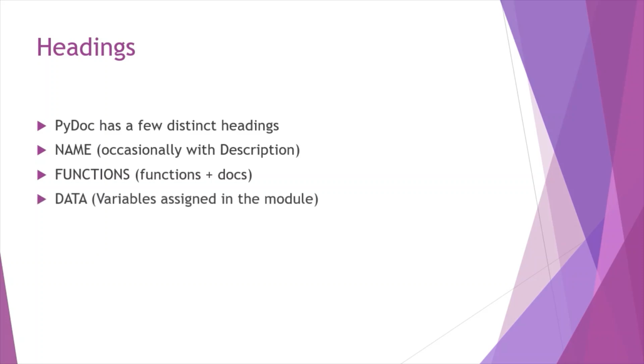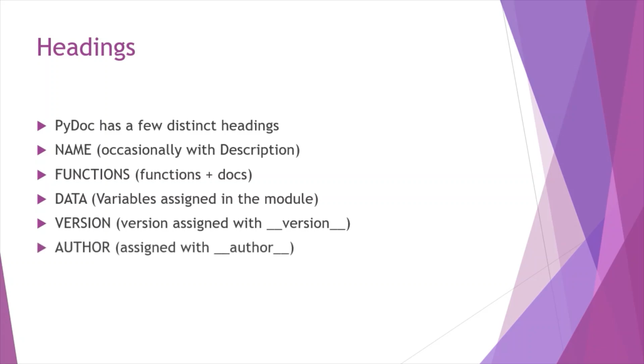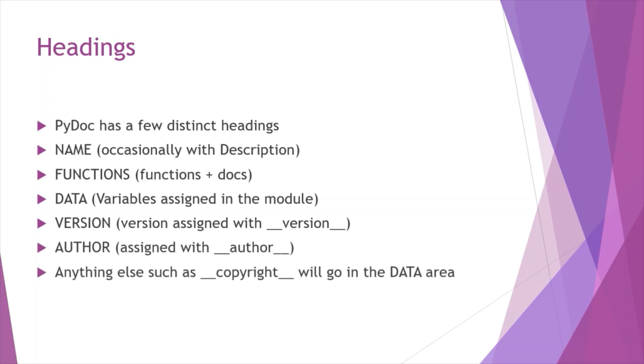Data, which is any variable assigned in the module and what it is to start with. Version, we can assign it by just setting __version__, and we set that to say 1.0 somewhere near the top of the file, and then when we run pydoc, it'll come out with 1.0. And the same thing with author. Anything else such as copyright will go in the data area.